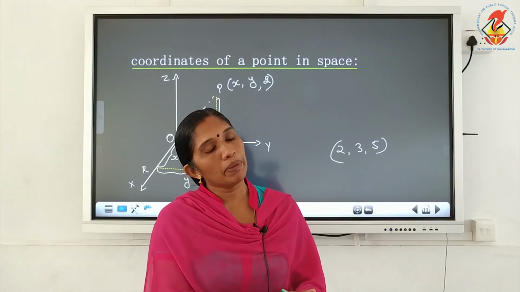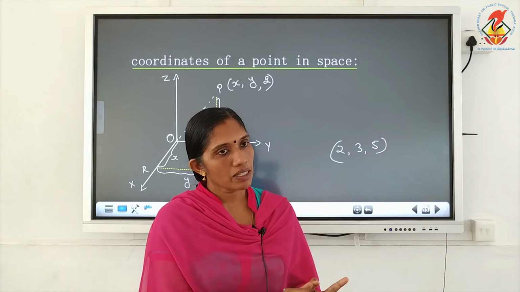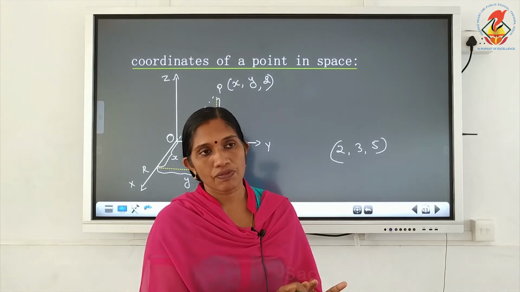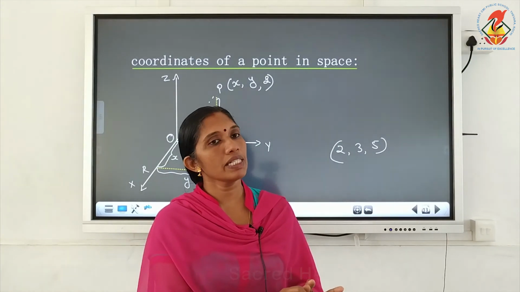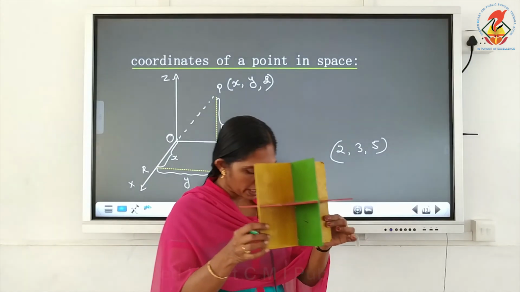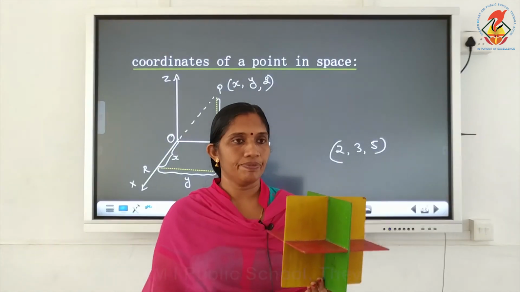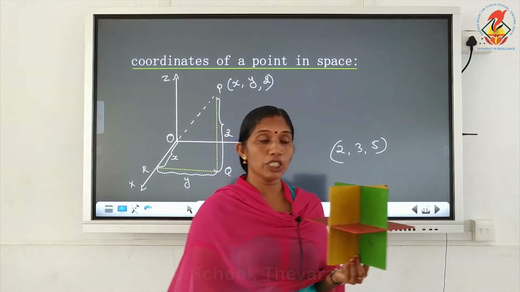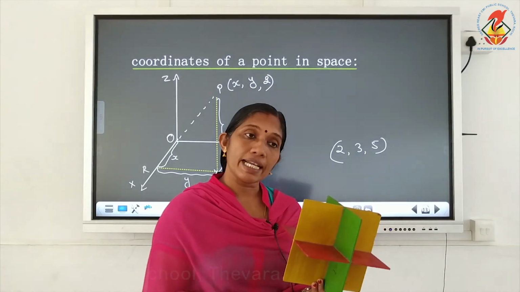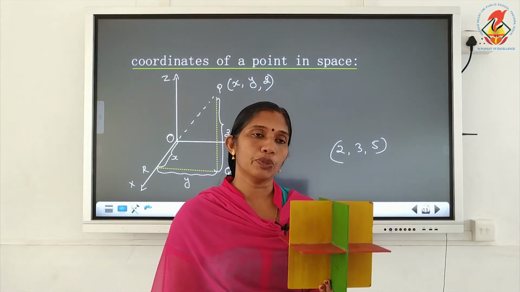Then we have 3 planes that are known as coordinate planes. One is the xy plane, the other one is the yz plane, and the third one is the xz plane. These planes intersect at the origin and are mutually perpendicular, always perpendicular. These axes are also mutually perpendicular to each other.